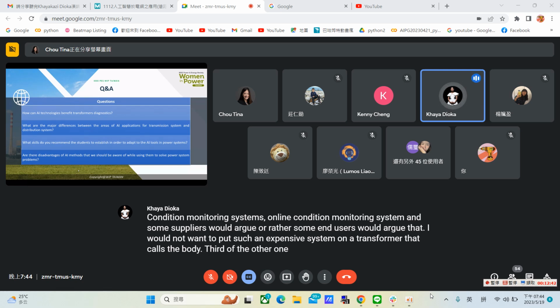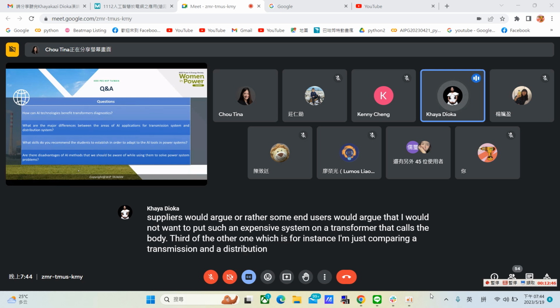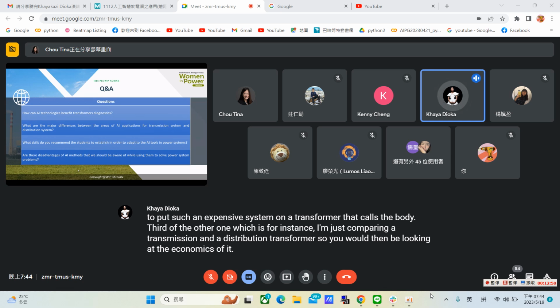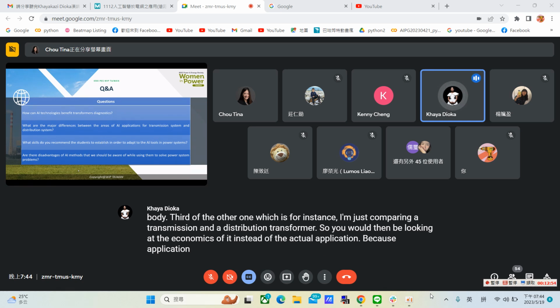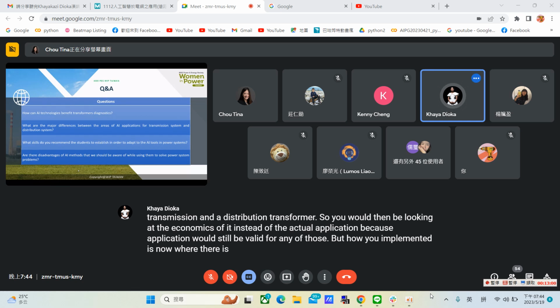I'm just comparing a transmission and a distribution transformer. So you would be looking at the economics of it instead of the actual application, because the application would still be valid for any of those, but how you implement it is where there is more of a difference. Thank you so much.